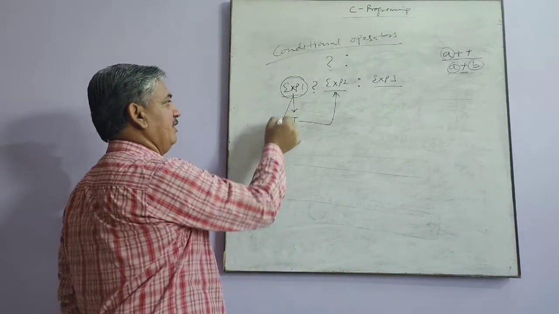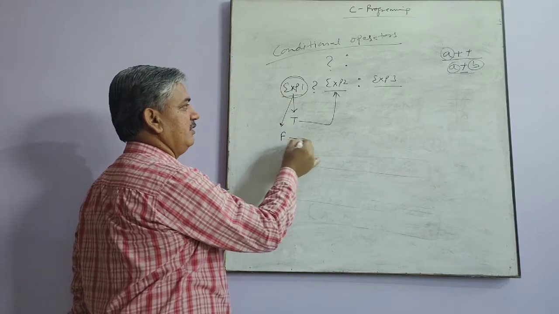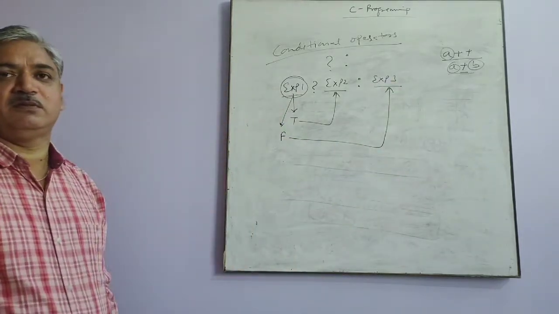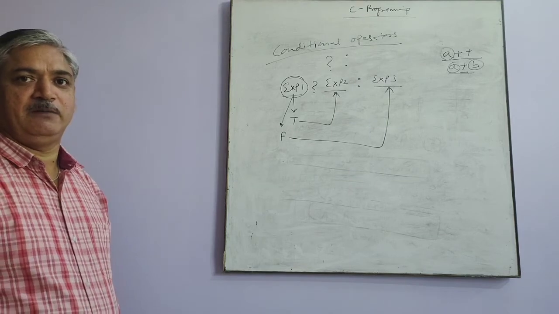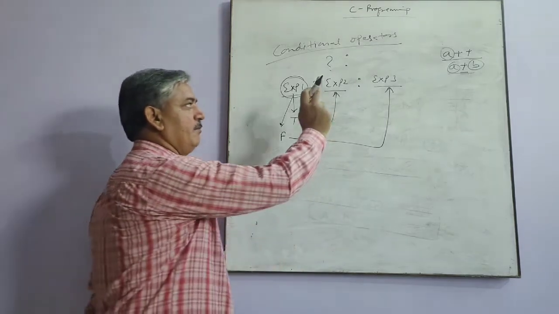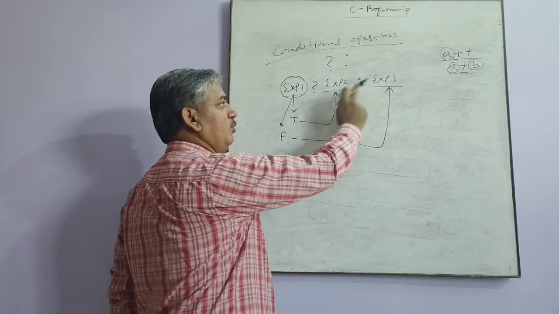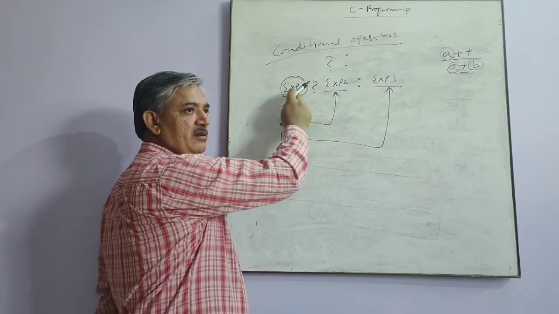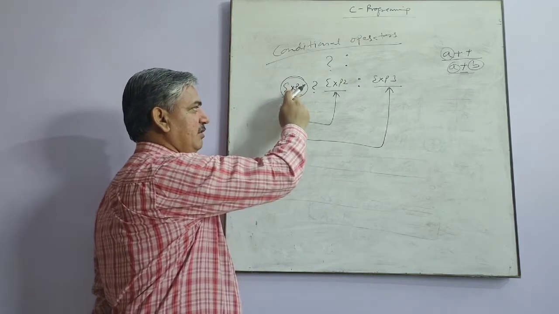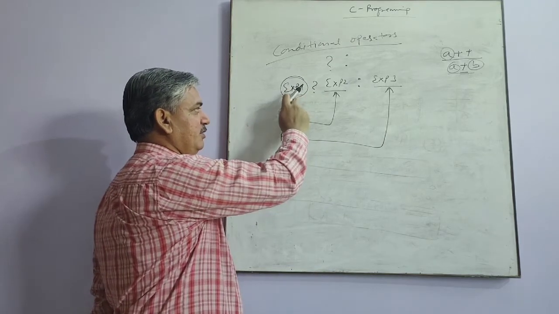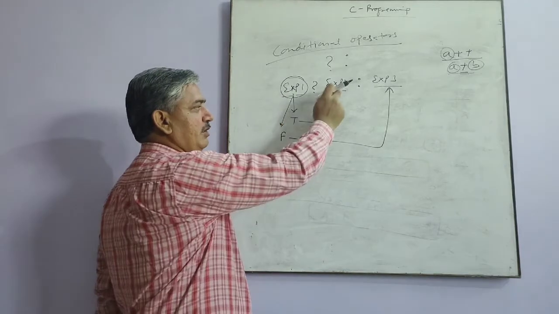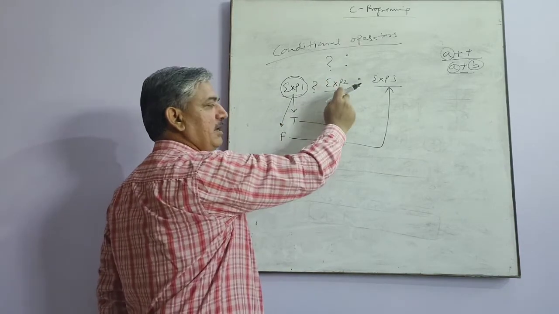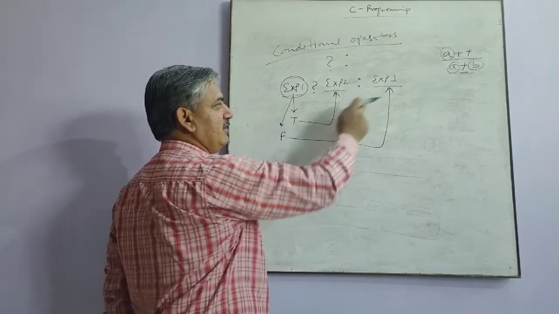And if the result of this expression is false, then execute the expression 3 part. It means the execution of expression 2 or expression 3 depends on the result of expression 1. If true, then control executes this part. When the result is false, then execute this part.